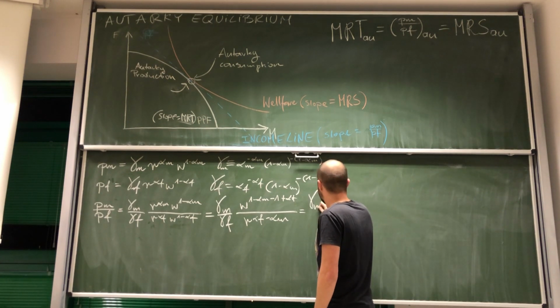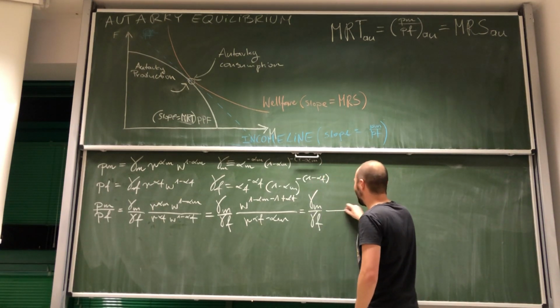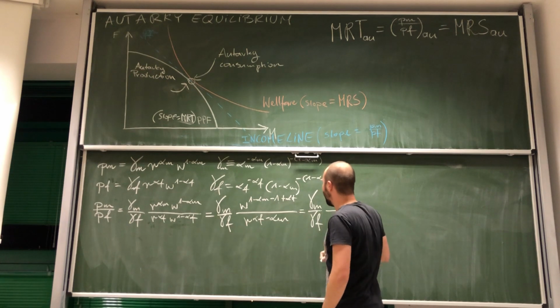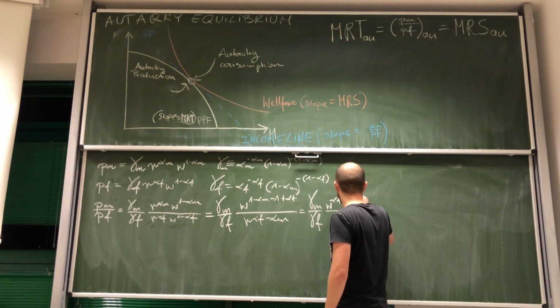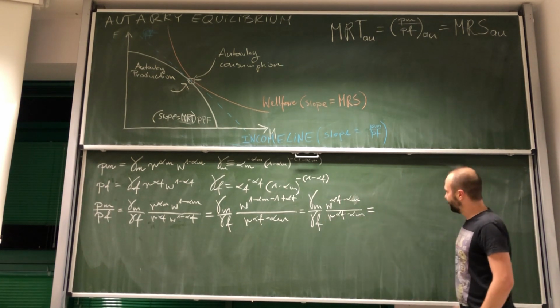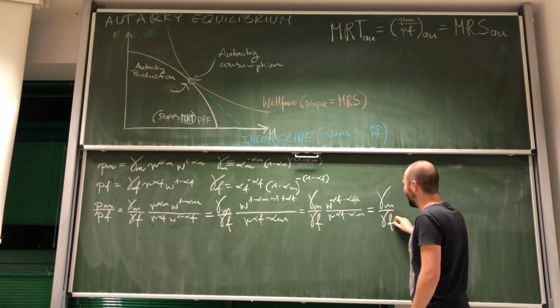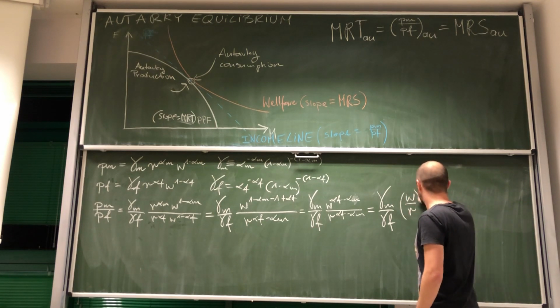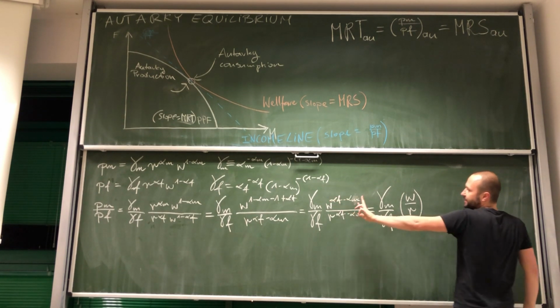We get that this is gamma m over gamma f times, those two cancel each other out, so we get w to the power alpha f minus alpha m over r to the power alpha f minus alpha m, which we can easily transform to gamma m over gamma f times w over r to the power, and look, I'm going to take minus out of this expression, so they're going to change the order.